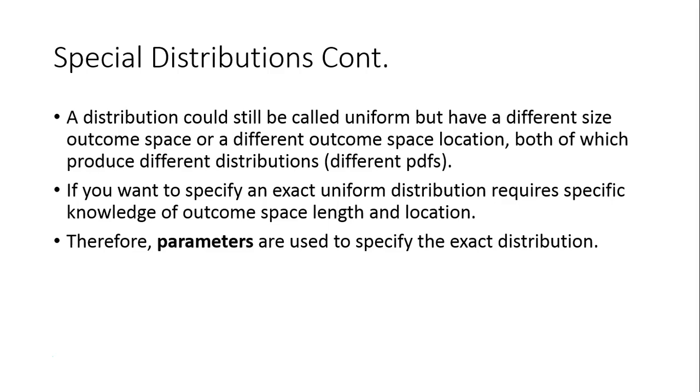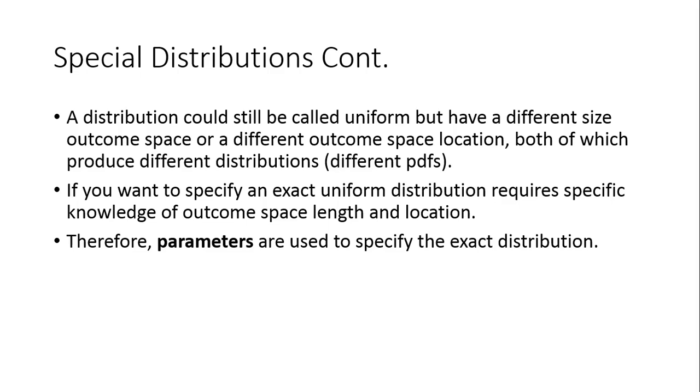In the second example with the bus waiting time, it was between 5 and 15. Because the base is 10 units long, the height has to be 1/10. So f of x was 1/10, the equation of the PDF.